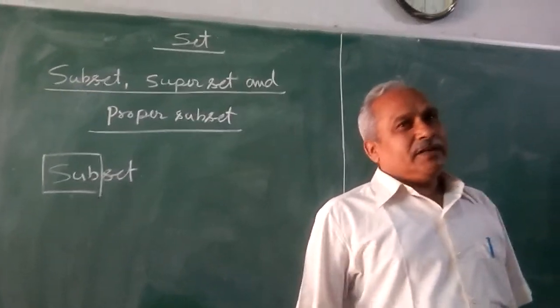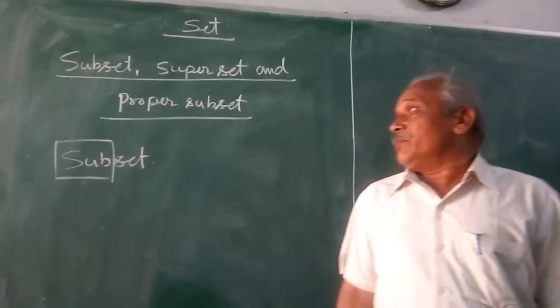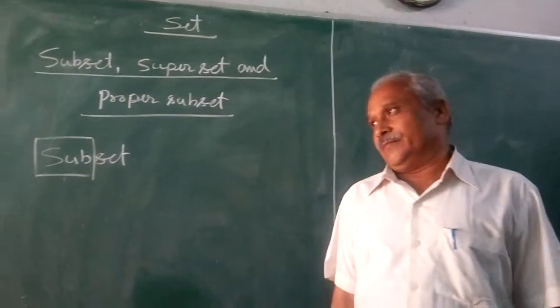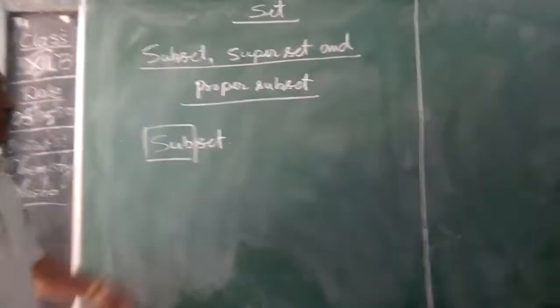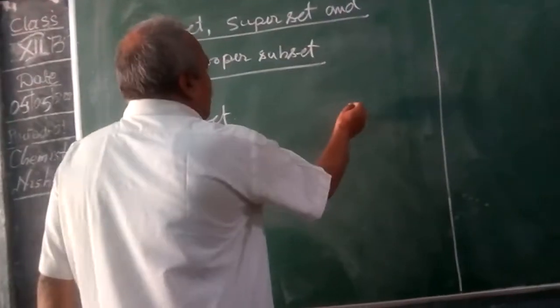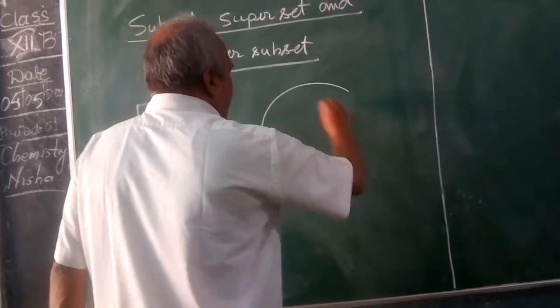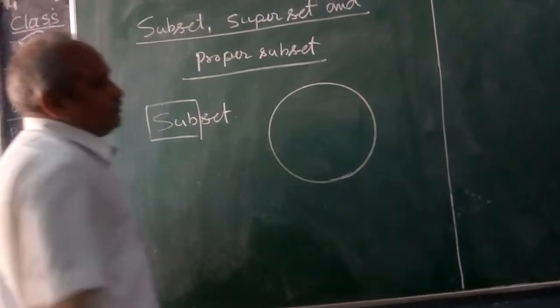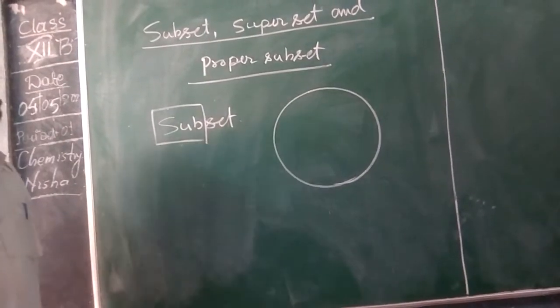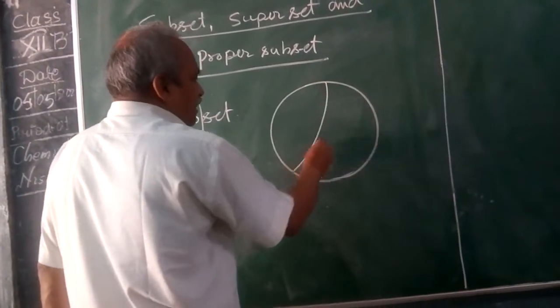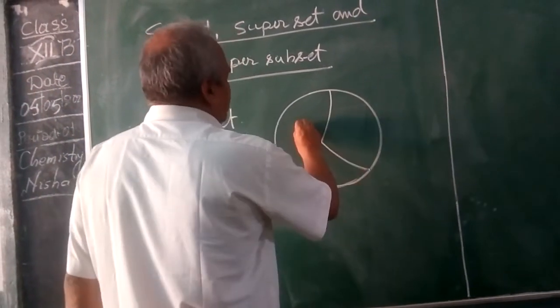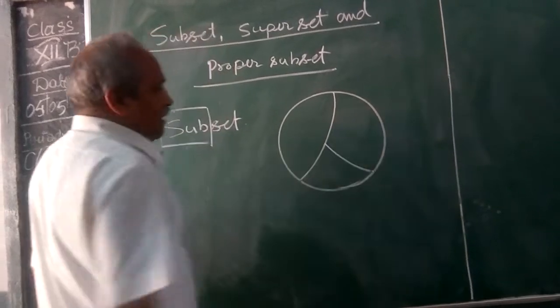In the same way, there is the concept of subset. What is the meaning of this word? Suppose it is a set, and if we make its parts, this is a part, this is another part, this is another part.